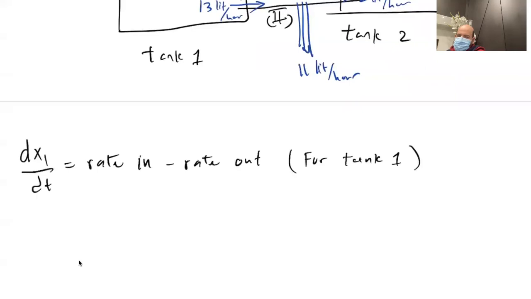What is the rate in? We have 4 liters per hour coming into tank 1. But remember the unit for dx/dt, where x is the amount of salt, should be gram per hour.